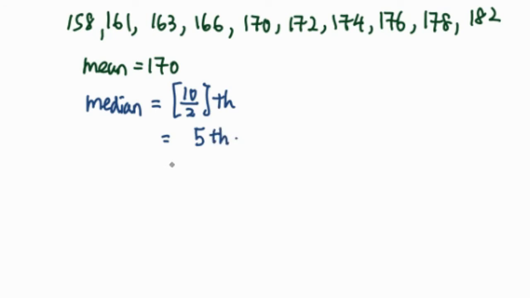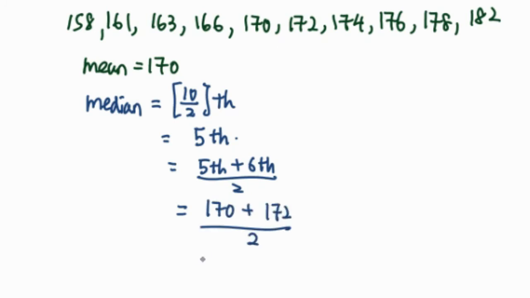When we are given an integer, our percentile concept will take the fifth data and the sixth data divided by 2. So data number 5 here will be 1, 2, 3, 4, 5, 170. And data number 6 is 172, divided by 2, which is 171.